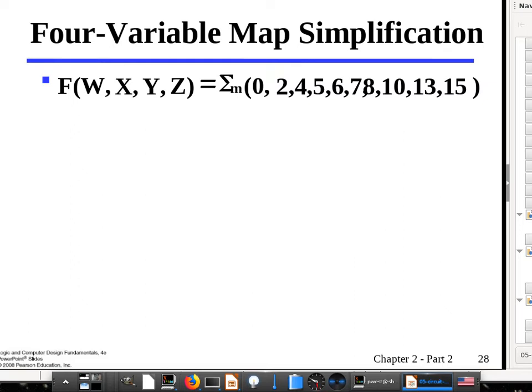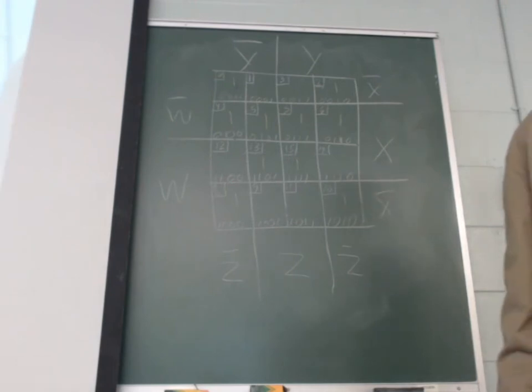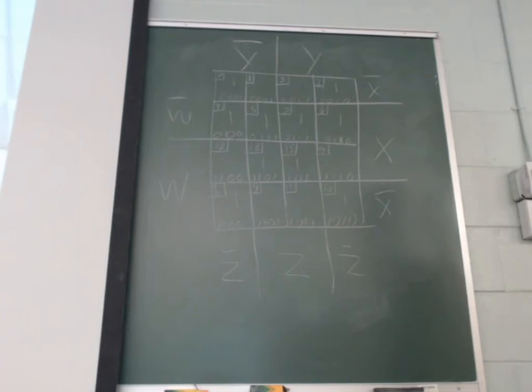So, 0, 2, 4, 5, 6, 7, 8, 10, 13, and 15. All right. I wonder how easy that is to see on the screen. By the way, that is a different color.